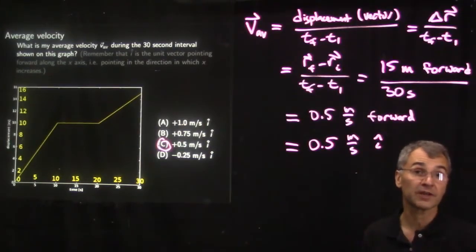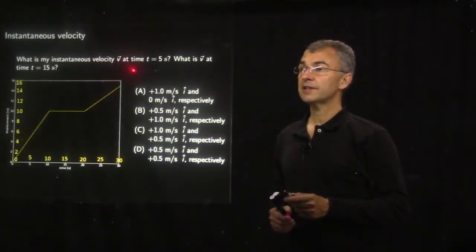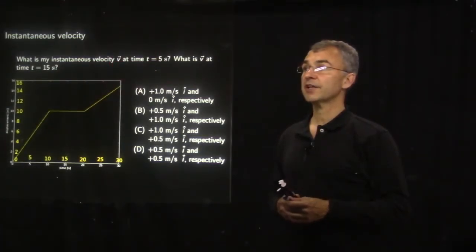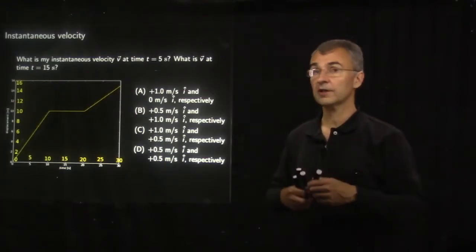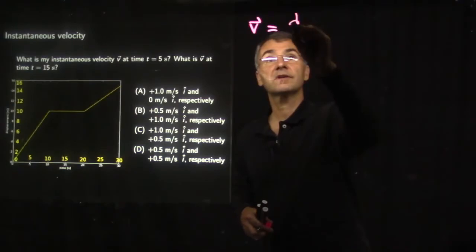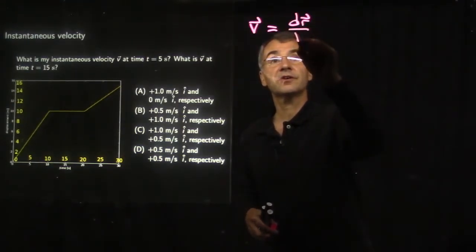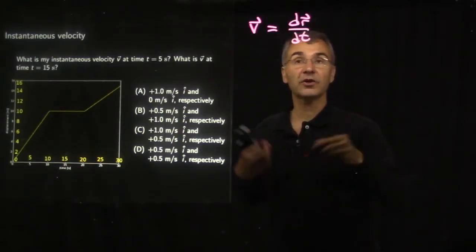What is my instantaneous velocity, v, at time t equals 5 seconds? And then also, what is my instantaneous velocity, v, at time t equals 15 seconds? Well, v is the rate of change of position. And actually, what is the x component?